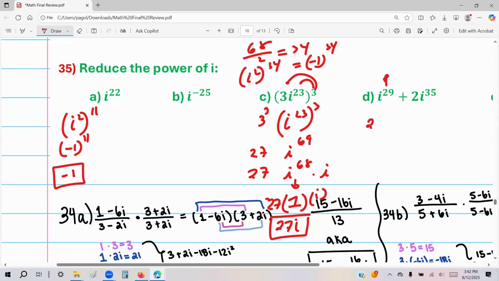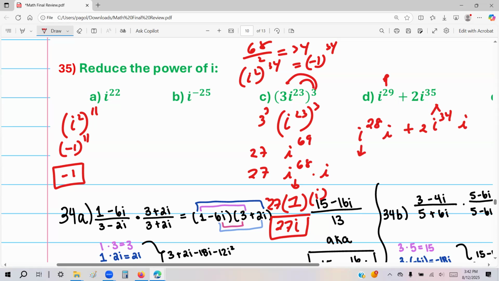29, it means you have i to the 28 and i. 35, it means you have i to the 34 and i. So both of them will have answer i. We have to know which one is positive, which one is negative.